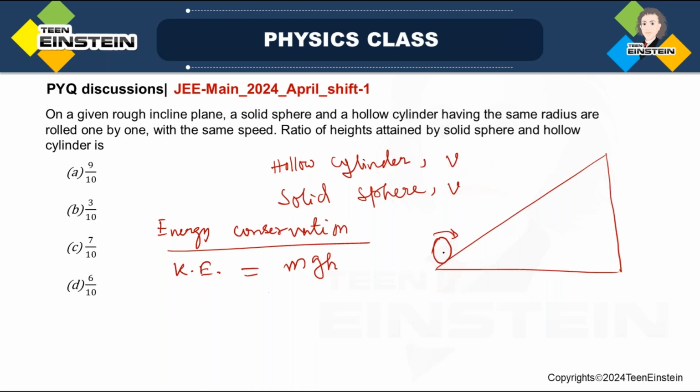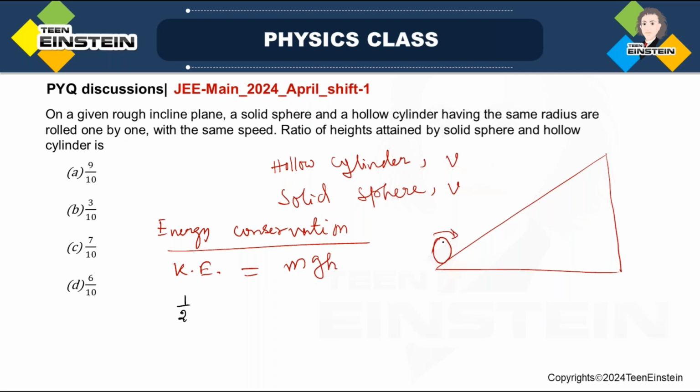So this motion is actually rolling without slipping. Rolling means translation plus rotation. So what is the total kinetic energy? Each of them has the same mass.